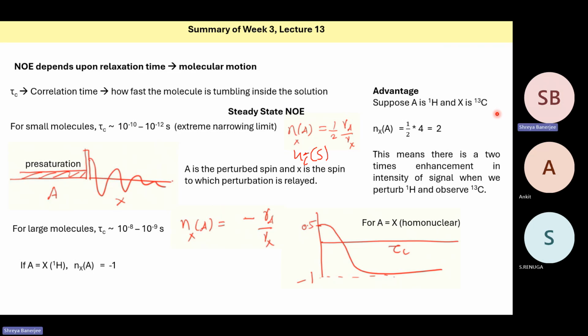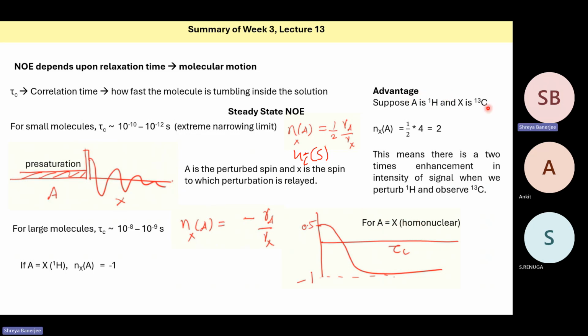If we can increase the intensity of the 13C signal, that is always a good thing, because normally when we take a 13C spectrum, we have to take very high concentrations because the population of 13C is so low. But NOE is a method where we can just increase the intensity of the 13C signal. So that is one advantage.